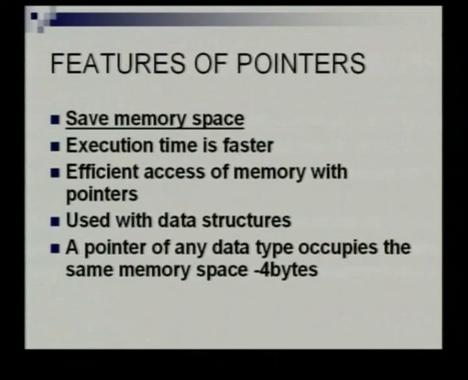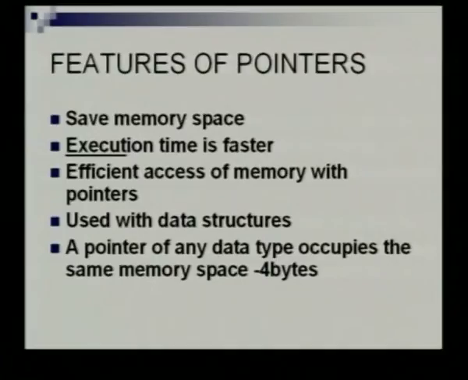So what are the features of pointers? Because it directly stores the memory address or accesses the memory address, it saves a lot of memory space. We don't have to allocate space for storing the name plus the value, then the type of the value. All that doesn't make much of a difference with pointers. When you define or declare a pointer variable name, it accesses the memory address, so it saves the memory space required for any operation.